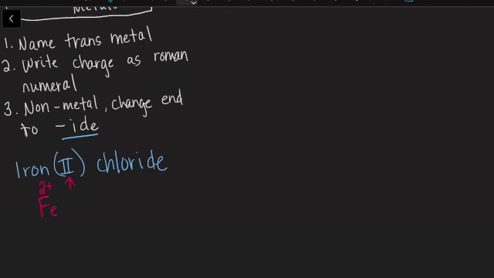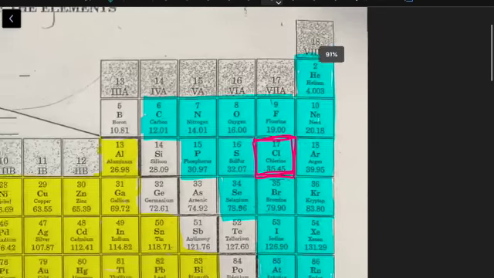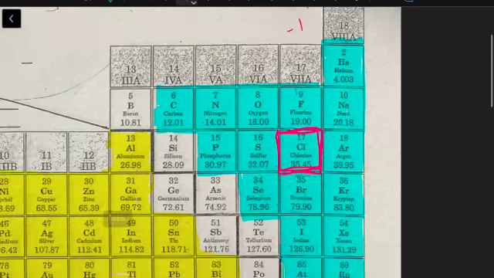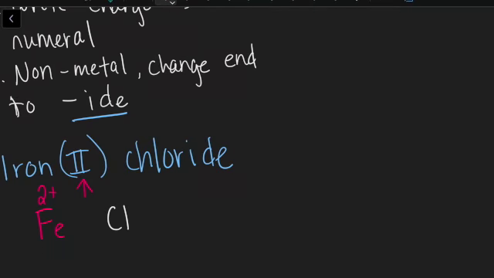Then you have chlorine. And you're still having to balance these if it gives you a problem in this order. If it gives you the name and you write the formula, you have to balance the charges. So go to the table, find chloride, and your periodic table should have oxidation numbers, and this one is a -1. Okay, so I'm going to write -1.